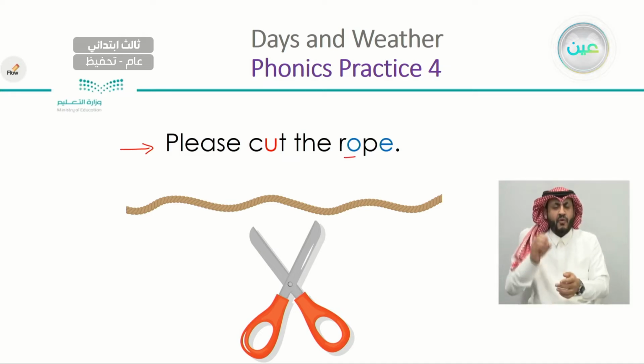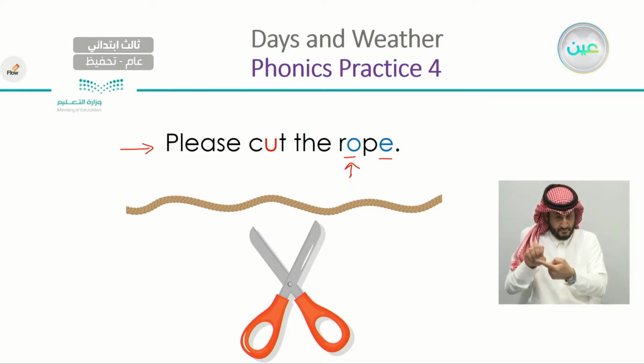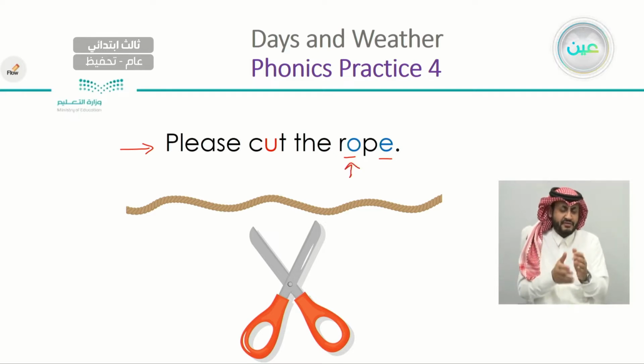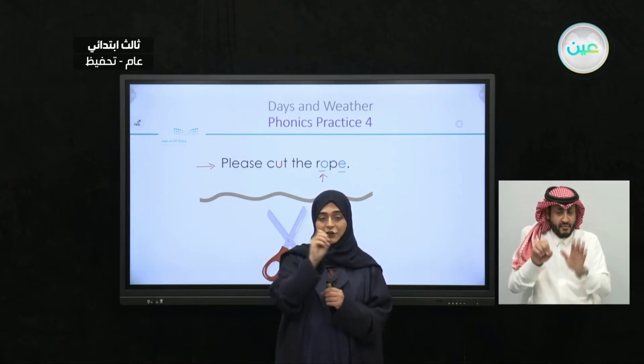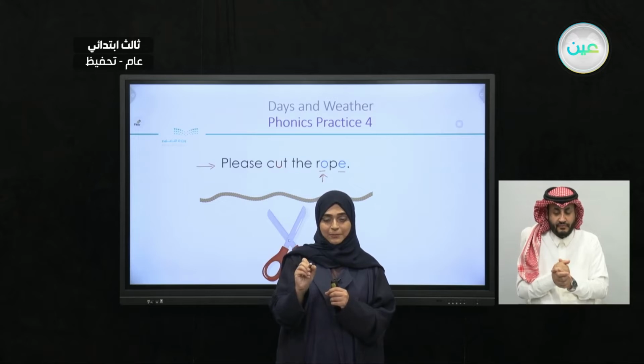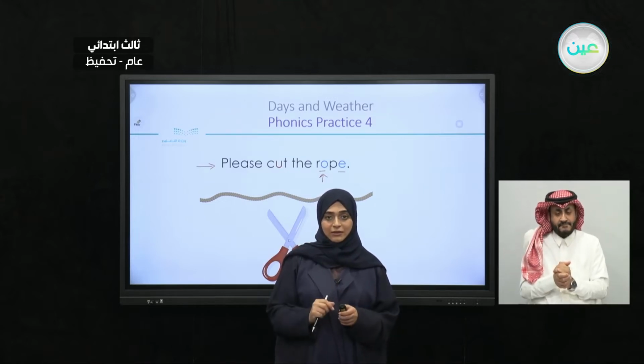Rope. Can you hear an E? No, you can't. But the letter O is long because we added an E. So today's lesson is going to focus on when a vowel becomes long because of the letter E. And it sounds different if it's without the E. Okay?